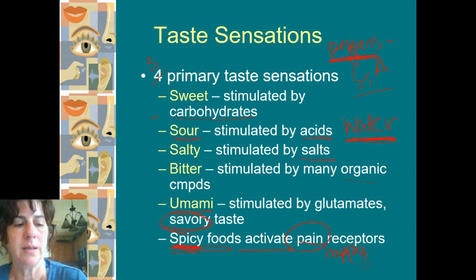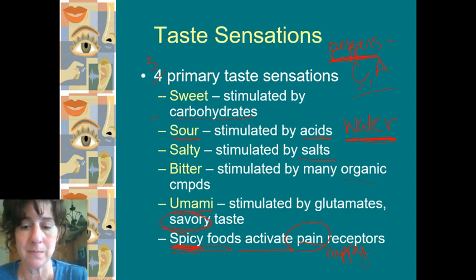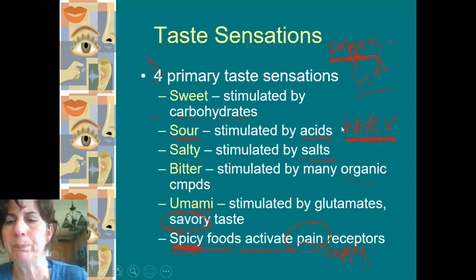They would be a benefit to us. So somebody who likes spicy foods would actually be healthier than their counterparts who don't. So there's an evolutionary advantage to actually eating spicy foods.